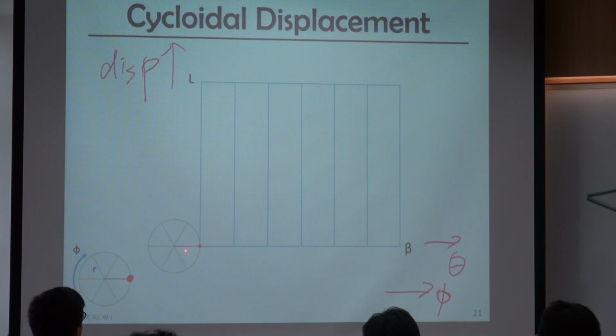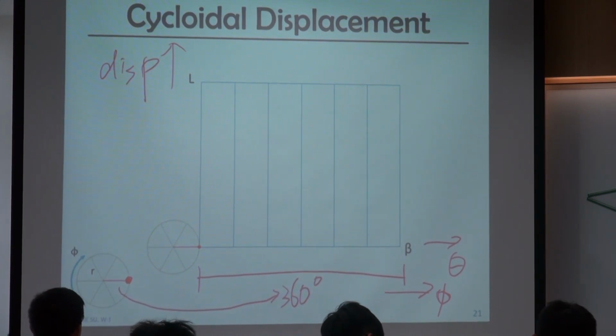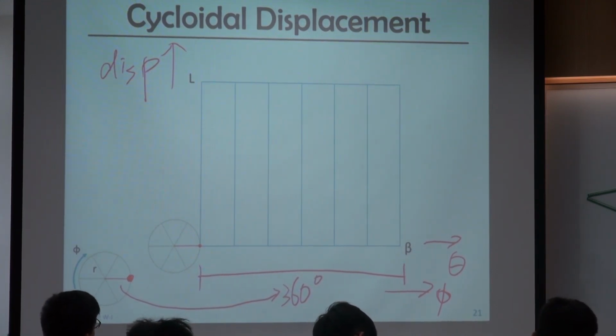What I'm going to do is when I rotate this one, I also divide this one by 360 degrees for this circle. Because you rotate by 360 degrees, you rotate for 1 cycle. So I count from this point to this point.